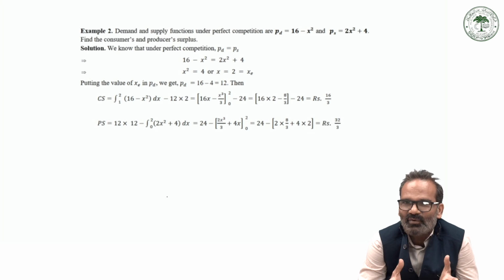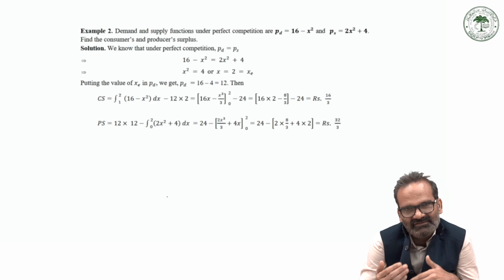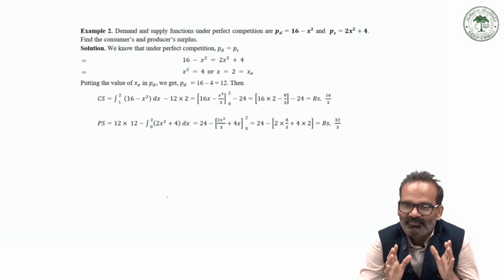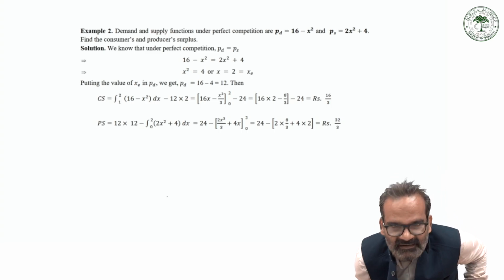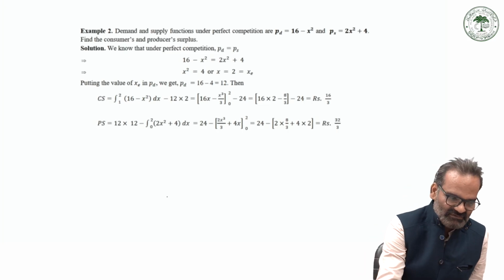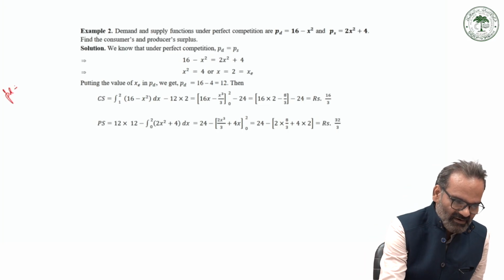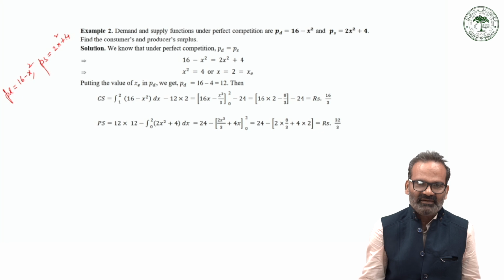Now, in a single question, you have been asked to determine the consumer surplus as well as the producer surplus both, as this example shows. See, the demand and supply functions under perfect competition: this is your demand function, 16 minus x square, and this is your supply function, that is 2x square plus 4. Determine the consumer and producer surplus.